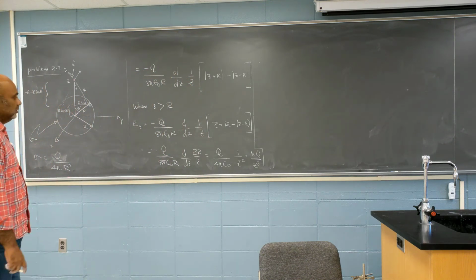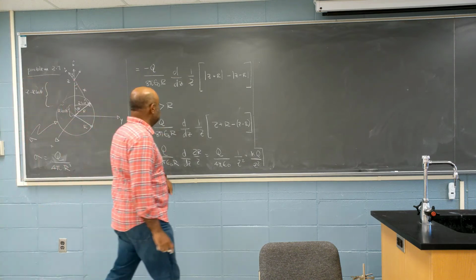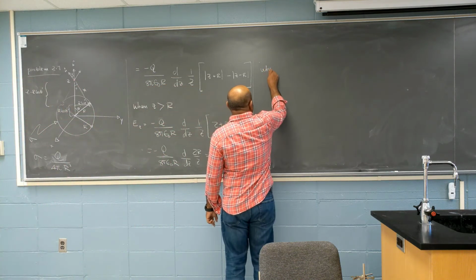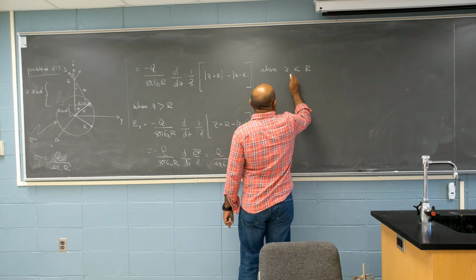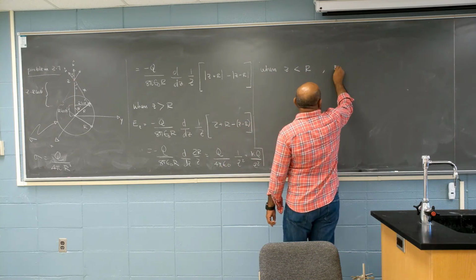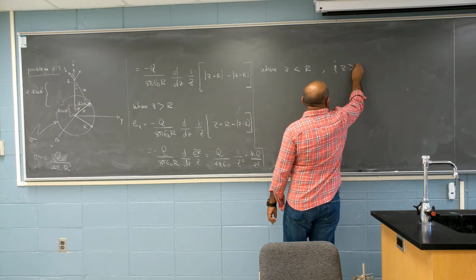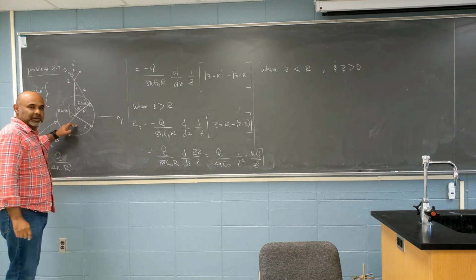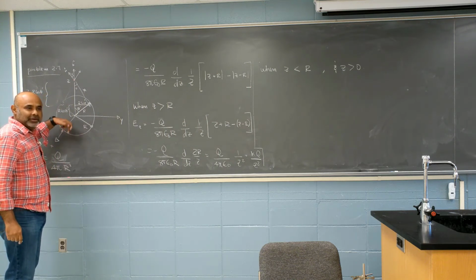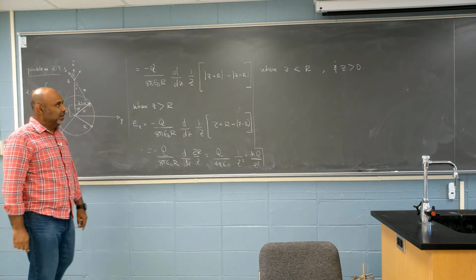All right. Now let's find z less than R. Of course, and z greater than 0. We're just going over here, because if you flip, it's the same electric field, it just points in the other way. We don't care about that.